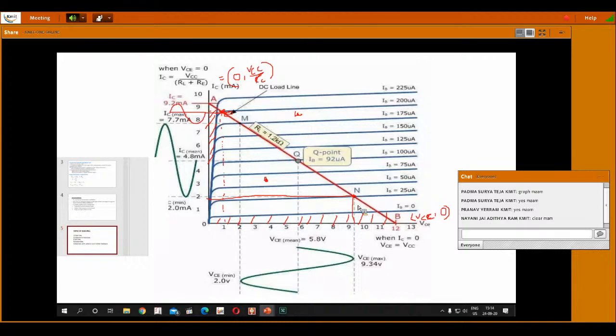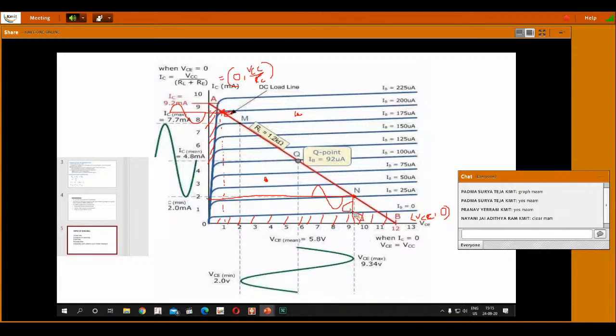Next, let me move to node N. Now I choose the operating point at node N. If I superimpose my AC signal, then only the positive cycle is allowed, and at the output we get the negative cycle.